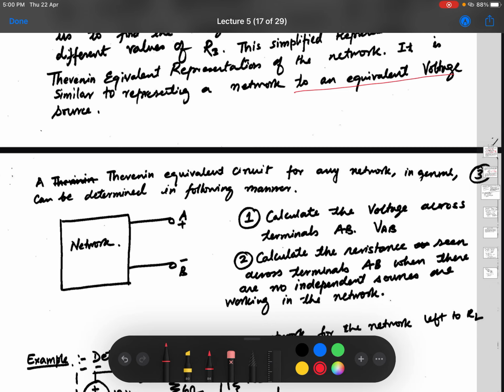First point is how to calculate VTH, the Thevenin equivalent voltage, and the second part is how to calculate the equivalent resistance.